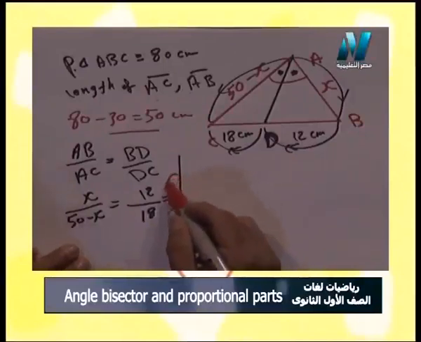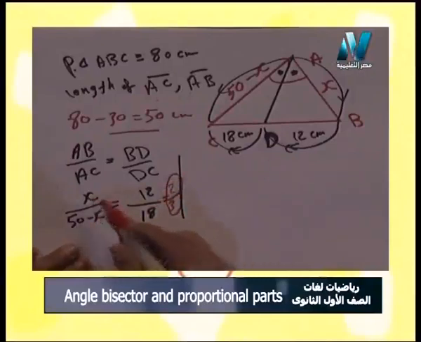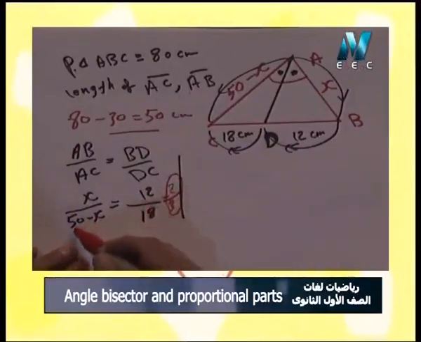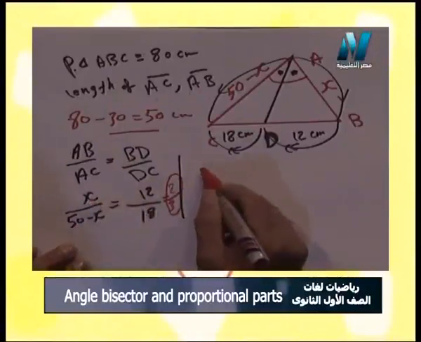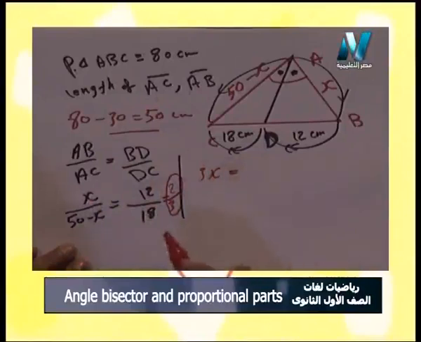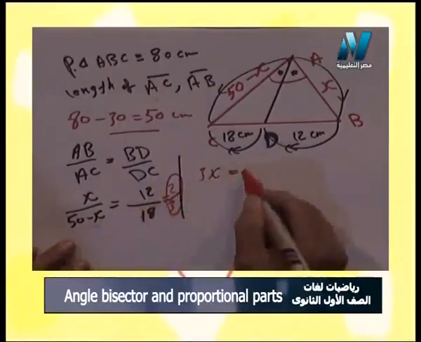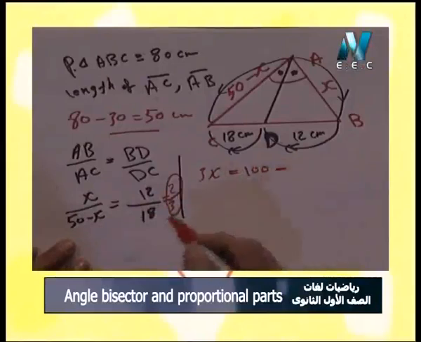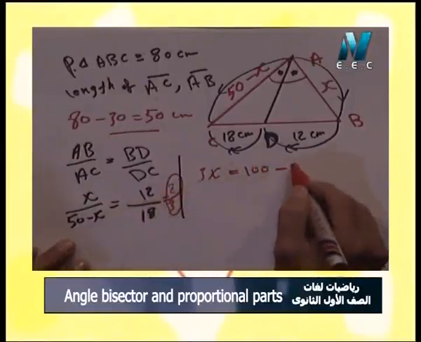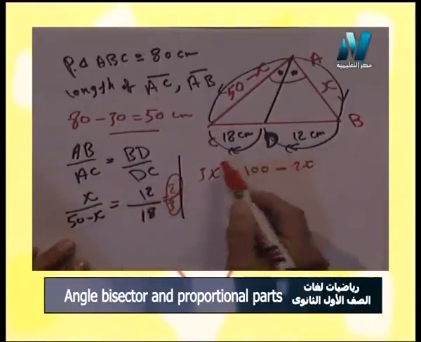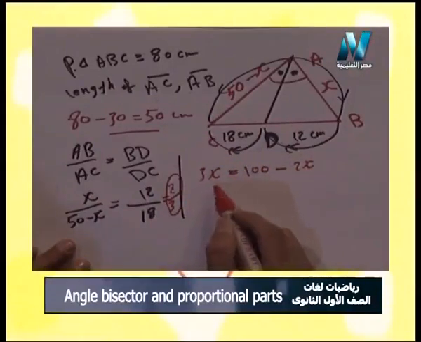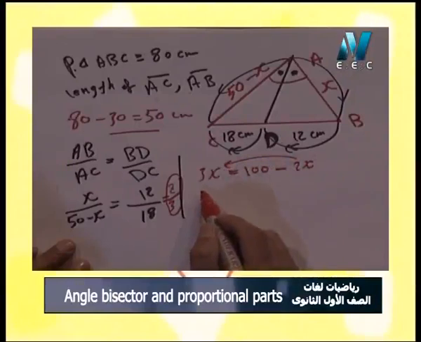So we can use 2 over 3, it's simpler than 12 over 18. We multiply 2 by this number and 3 by this number, so 3 times x equals 3x, equals 2 times 50 equals 100, minus 2 times x, and we transfer the negative 2x to be positive. So 3x plus 2x equals 5x, 5x equals 100.